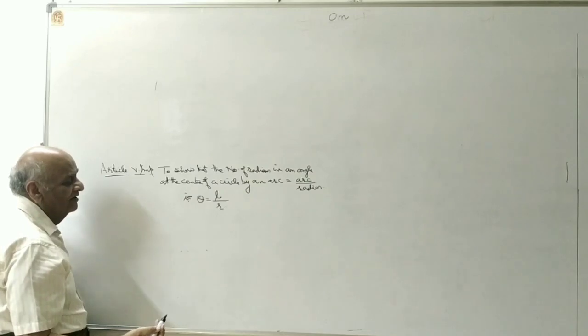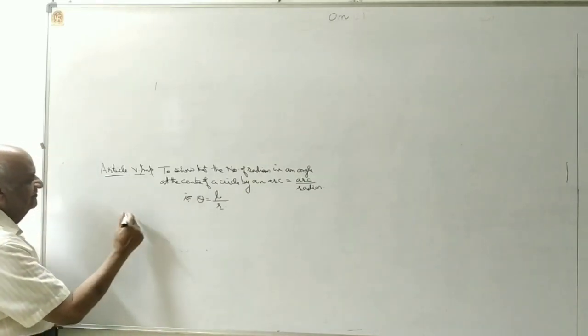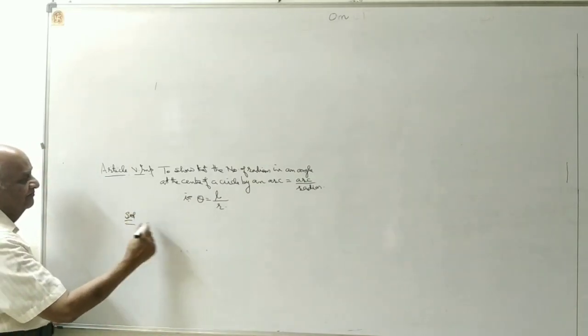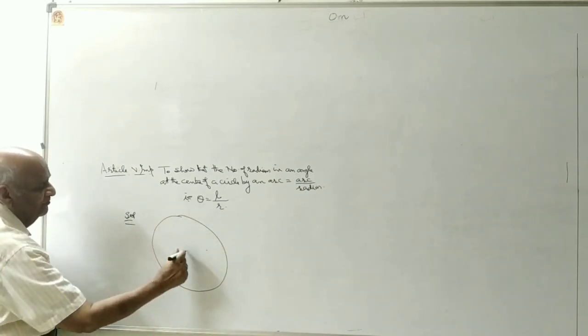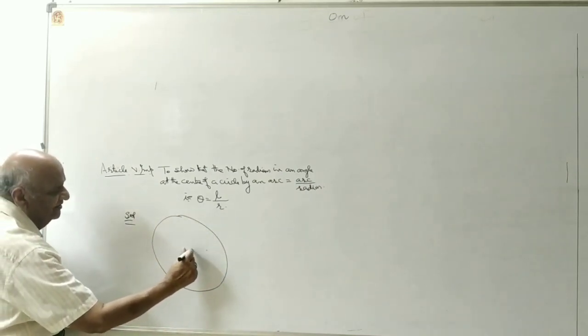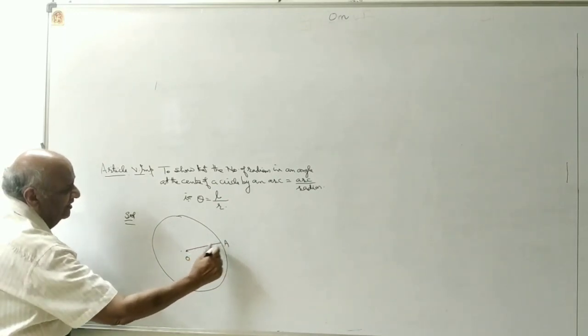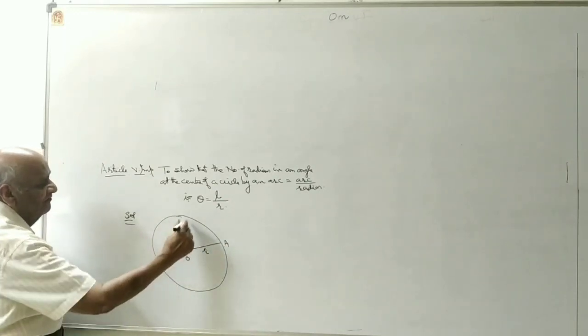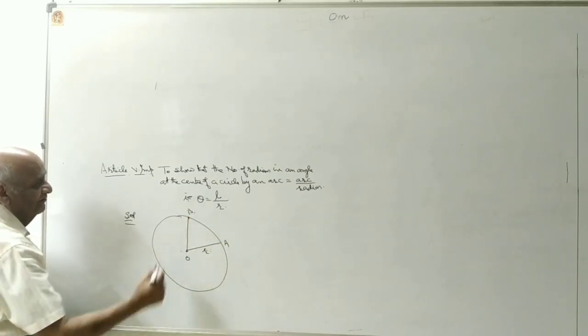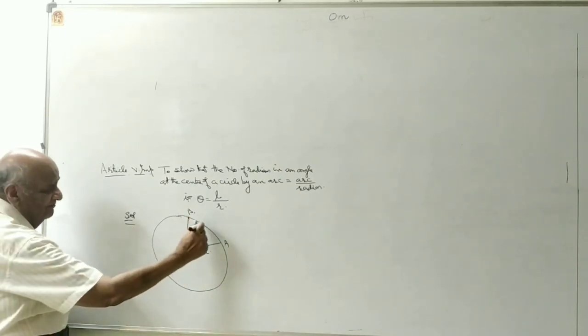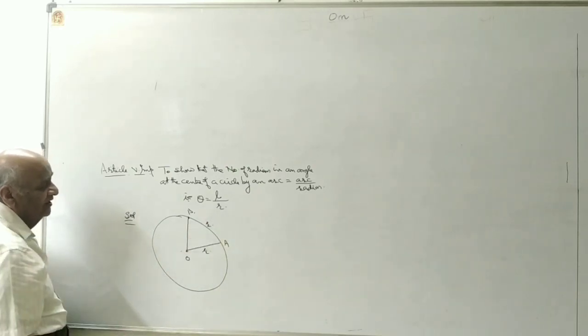We can go for the proof even for this case. Very simple. The proof is: draw a circle with center O and radius OA equal to R. Cut off arc AB equal to R, and join OA, OB.